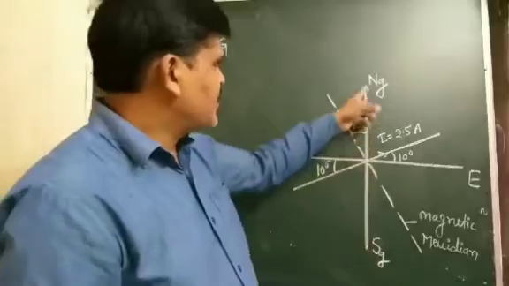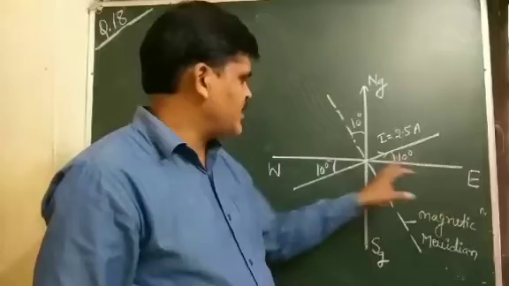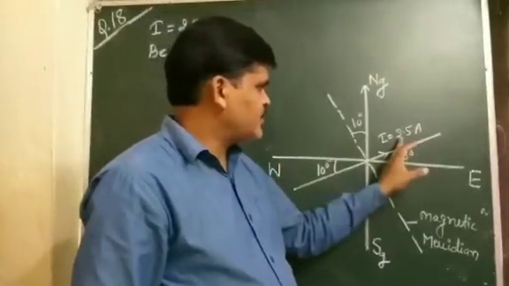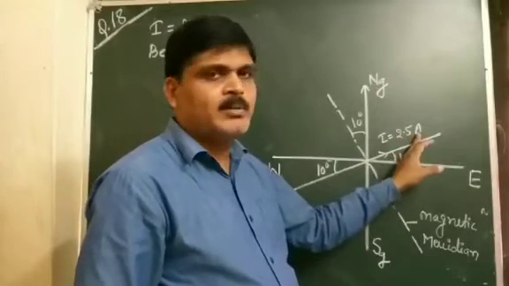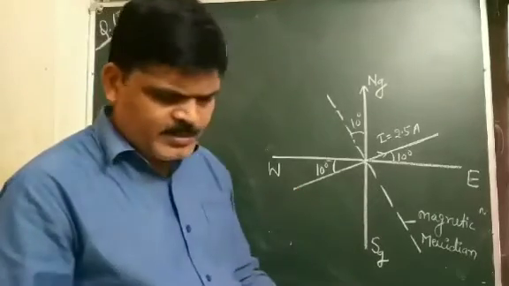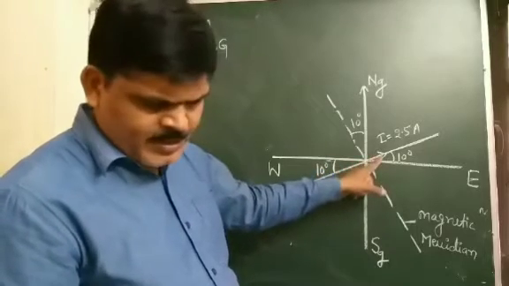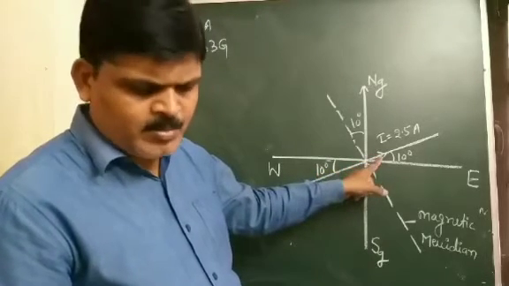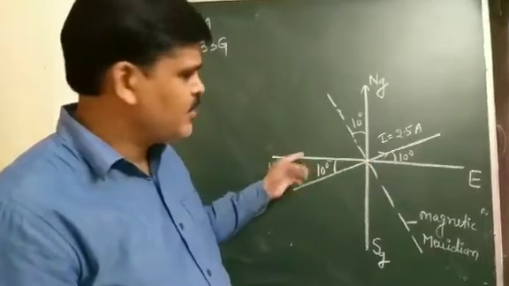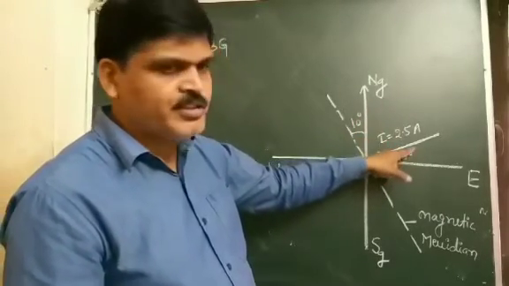So here in the diagram, this is geographical north and geographical south. This is east and this is west. And this is the current carrying cable, which is carrying a current of 2.5 ampere, in the direction of 10 degrees south of west to 10 degrees north of east.